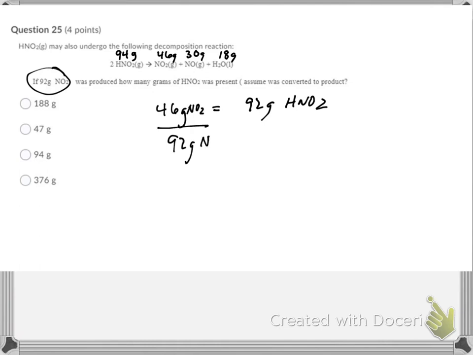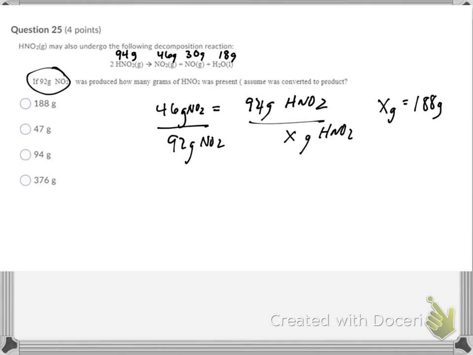We don't have 46 grams of NO2. We have 92 grams of NO2. So how much must have been there? Right. So and it's 94 grams. Right. So solving for x, we see that we must have had 188 grams of HNO2 to produce the 92 grams of NO2.